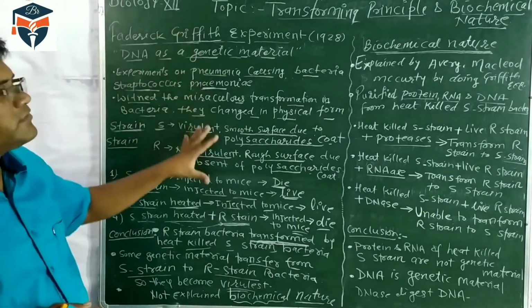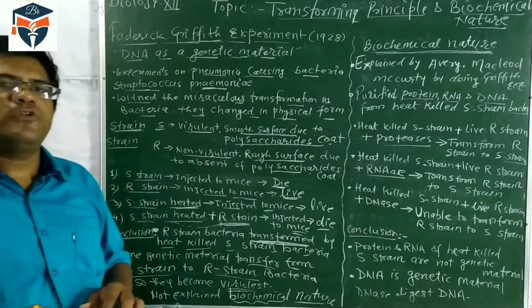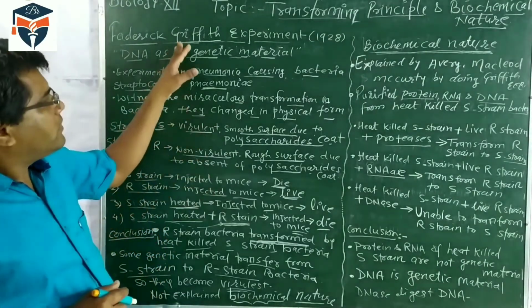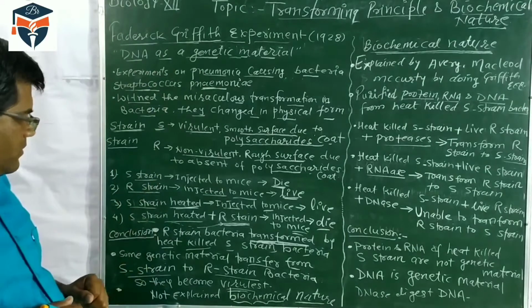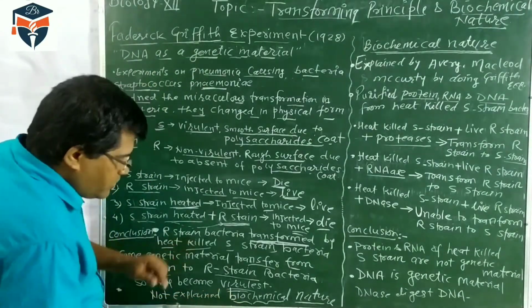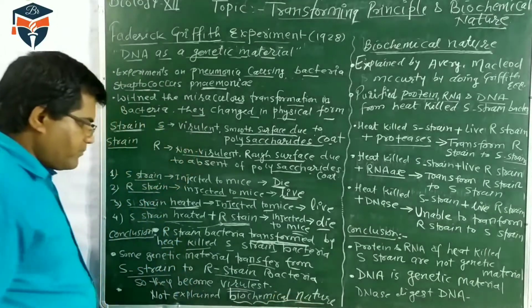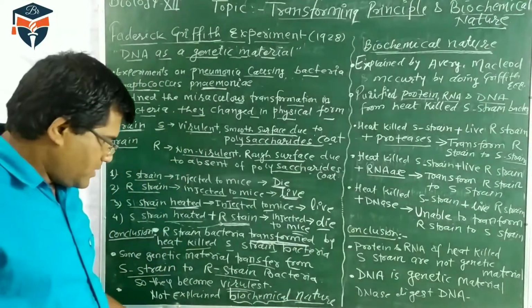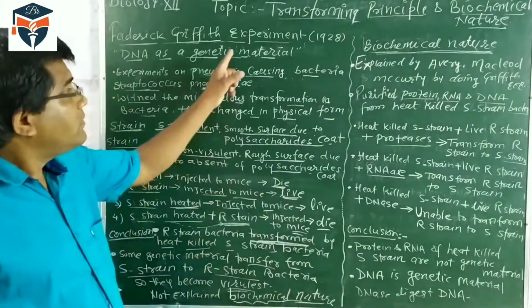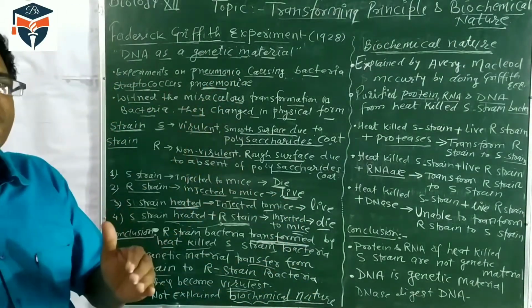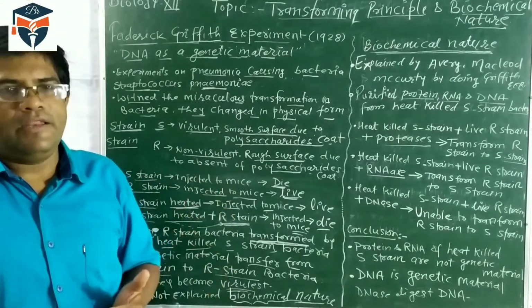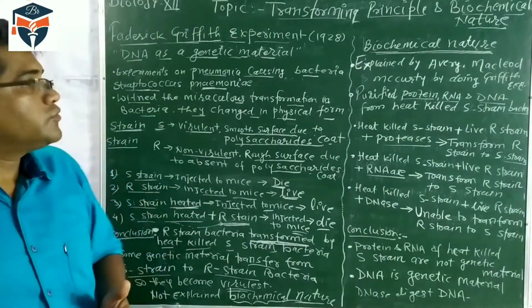This experiment comes many times in examinations, so from the examination point of view, the Griffith experiment is a very important question. But Griffith did not explain which material is transferred, or what the genetic material is. He did not explain the biochemical nature of the genetic material, whether it is DNA, RNA, or protein.